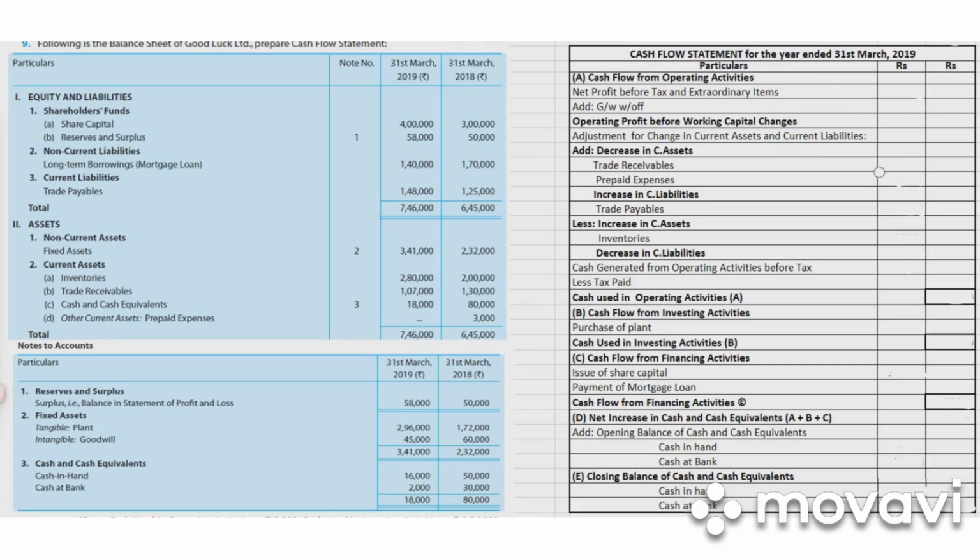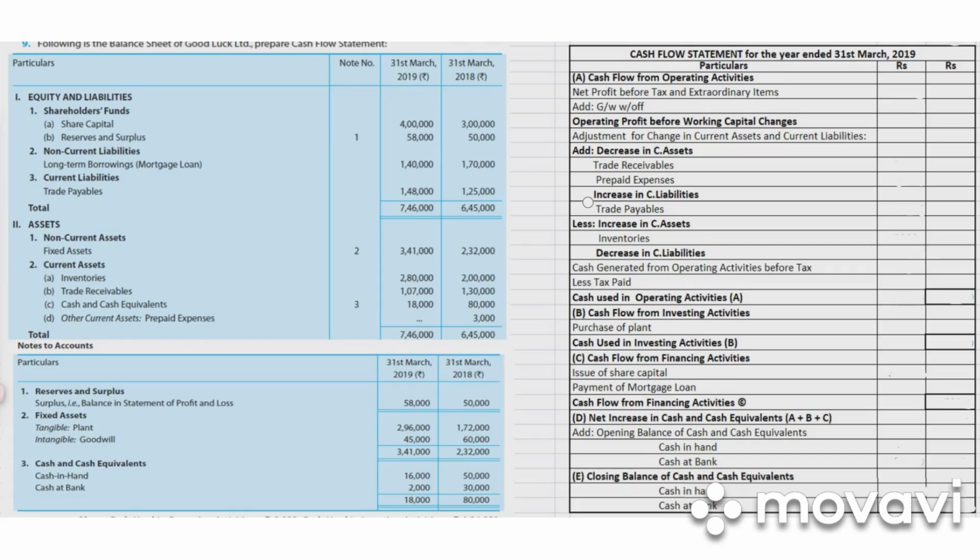So you just follow this particular format. In some questions there can be some more items, in some questions fewer items, so only the number of items differ, and the basic format is more or less the same. Almost all the important headings and subheadings I have included here, so you can learn this particular format.